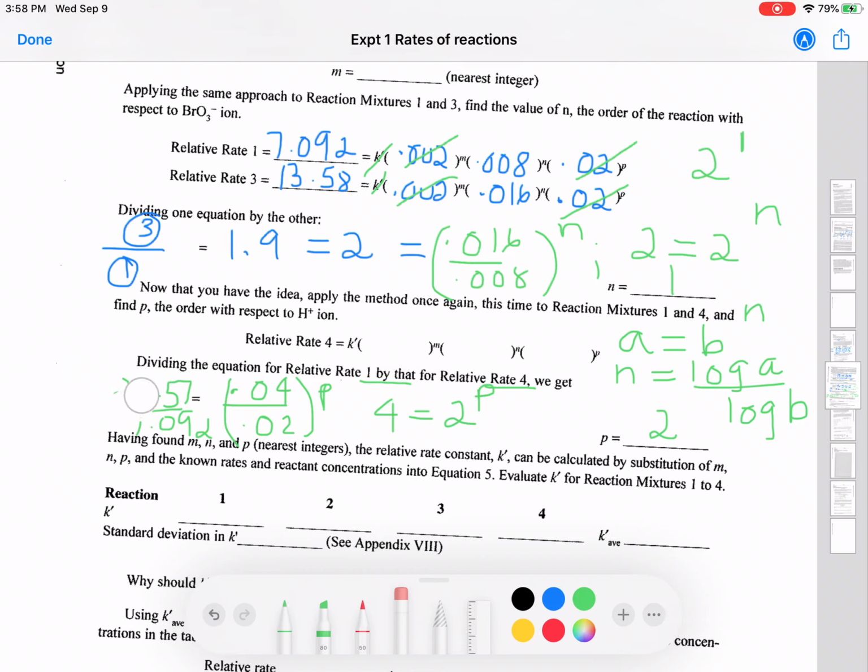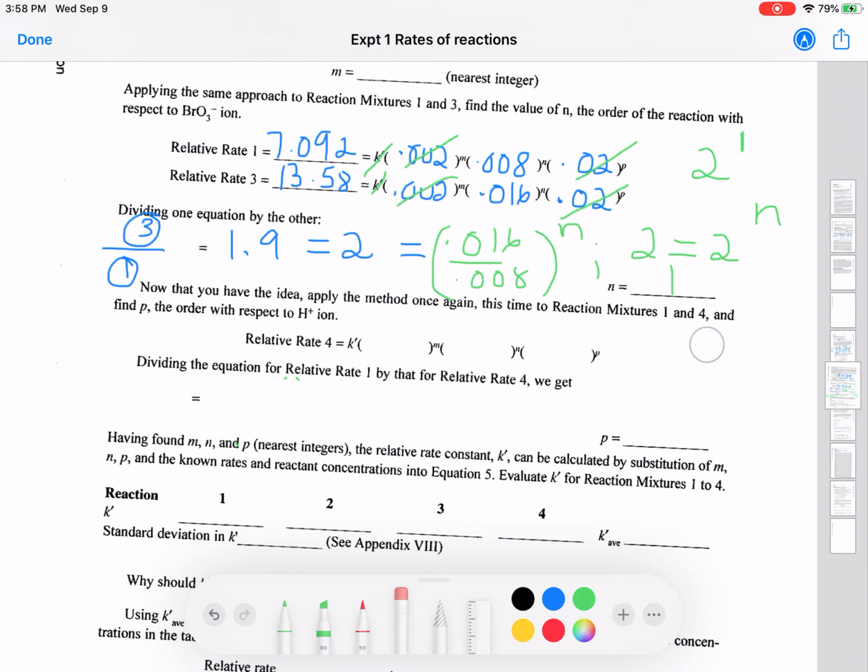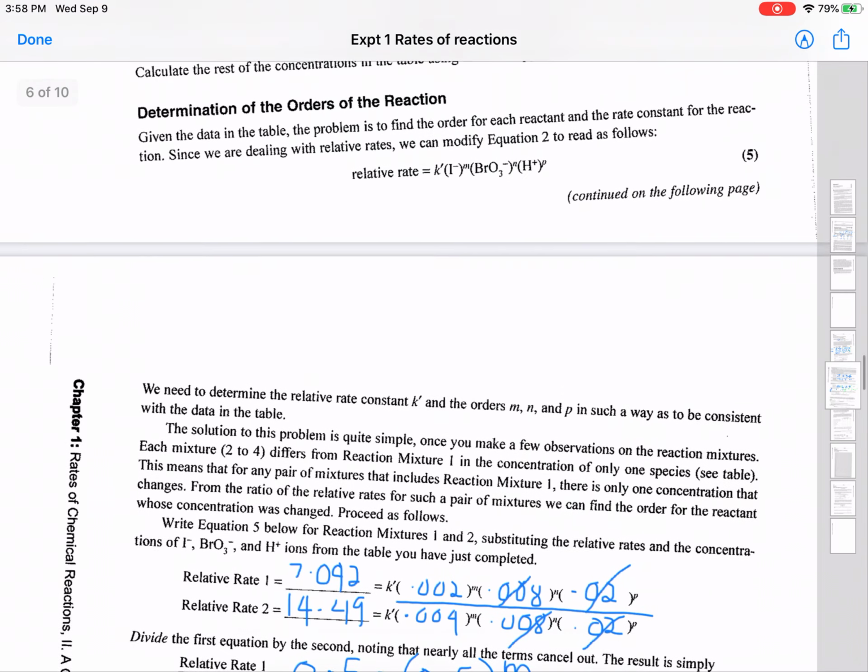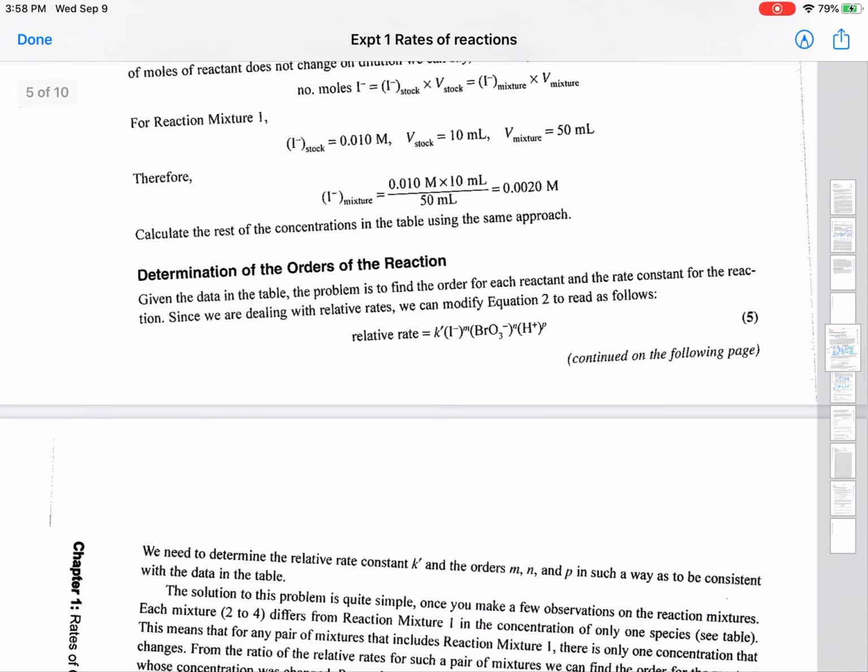I'm going to go ahead and erase this part. And let's say our equation 5 is, where's equation 5? It is this one right here: relative rate equals K prime times iodide to the order, bromate to the order, and H plus to the order.